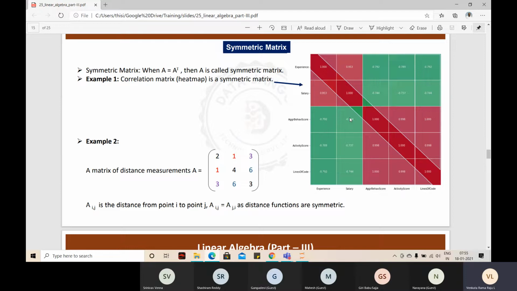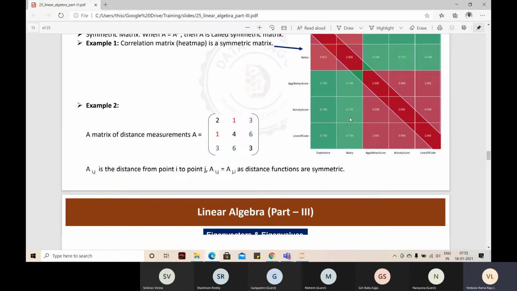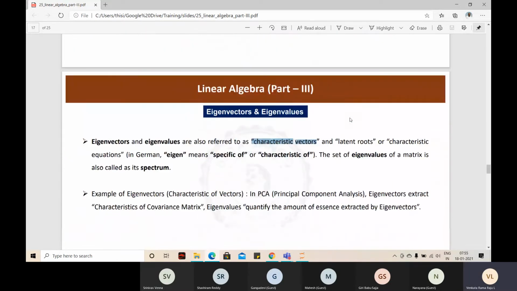There may be closer cities, and there may be farther cities. The farther cities will have bigger numbers. So the vectors will actually get that essence into those eigenvectors.